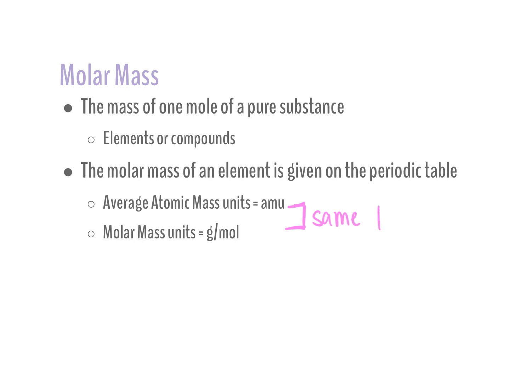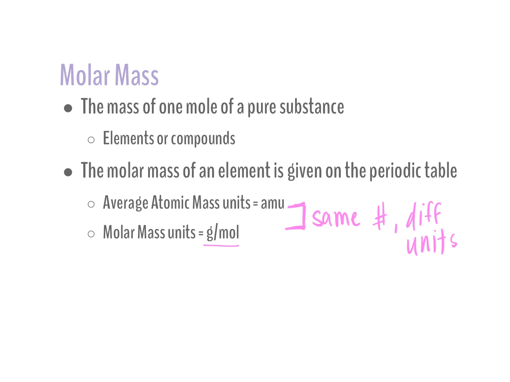Okay, so they have the same number, but they have different units based on the scale at which you're examining your element, right? If we're looking at a single nitrogen atom, we would have an atomic mass of 14 AMU. If we're looking at a mole of hydrogen atoms, we would have a mass of 16 grams per 1 mole. Okay, so again, we're looking at the scale there.